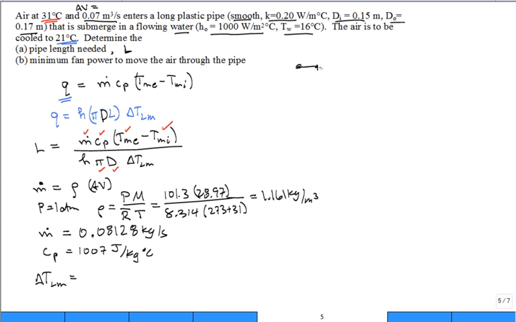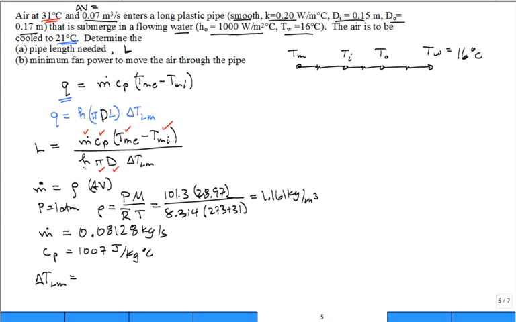We have to go through not only the inlet of the inner surface temperature of the pipe, we have to go to the outer surface temperature of the pipe, and then we have to go to the water temperature, which is our final fixed amount, which is the temperature of the water, 16 degrees C. All right, and so this is our mean temperature.